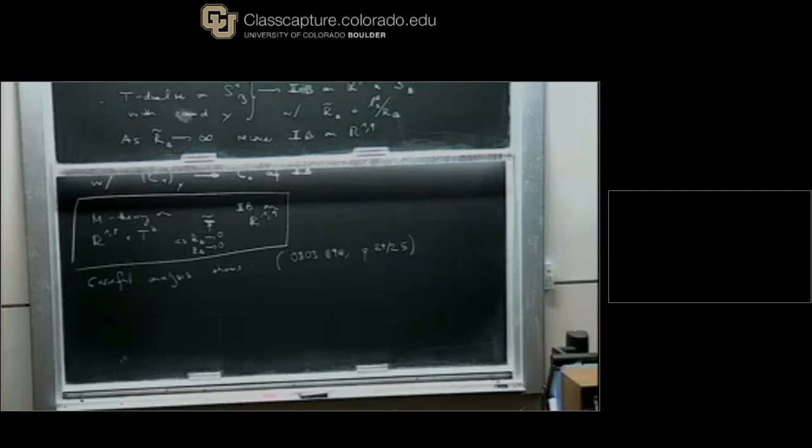So if we start with M-theory on R^{1,8} times T^2, where the torus T^2 has complex structure tau equals tau_1 plus i tau_2, and volume V, then this is dual to type IIB on R^{1,8} times S^1_B tilde, I guess I should call this S^1_B tilde, indeed, with axio-dilaton tau equals C_0 plus i over g_s.